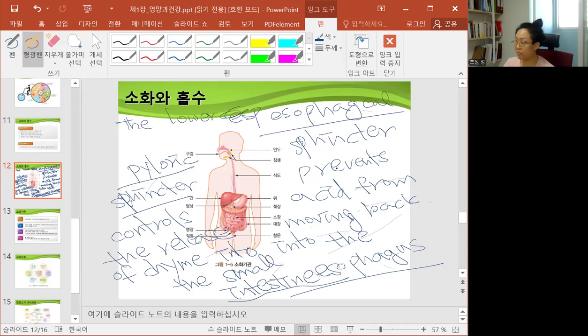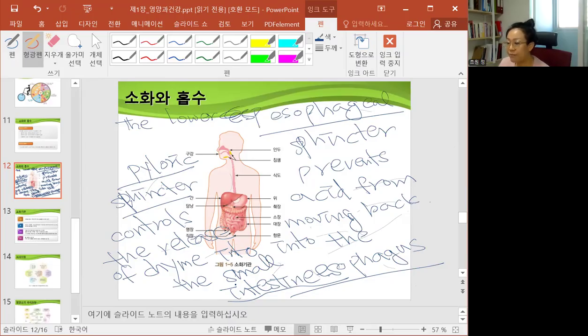This sentence is very, very important. Next time we will study the small intestine, the main site of digestion and absorption.